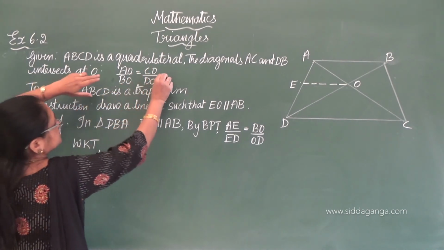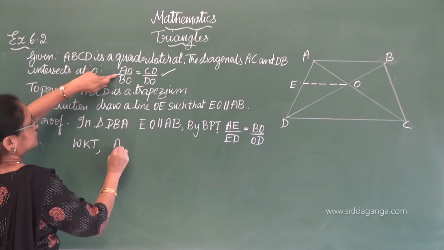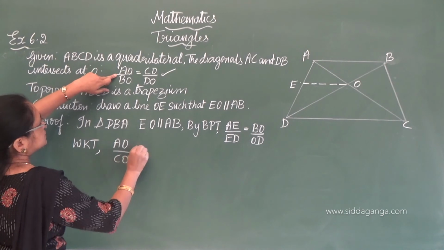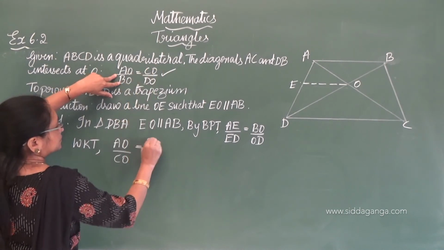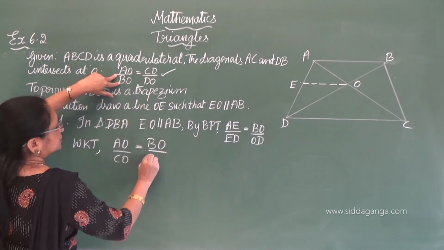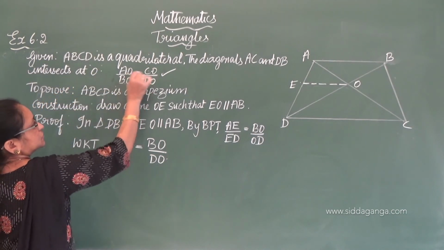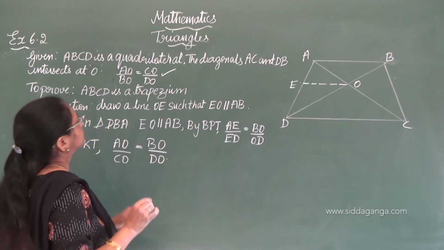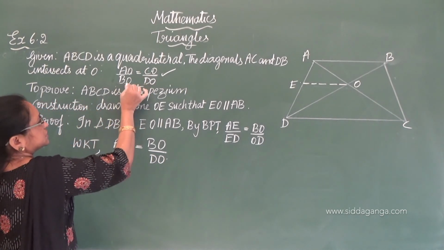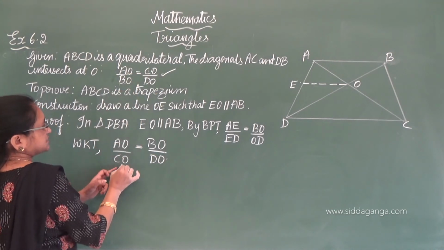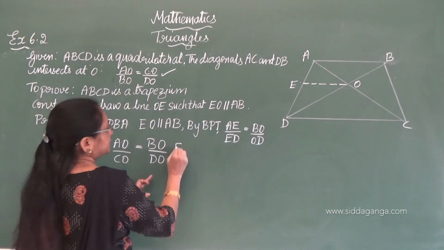So, from this, observe carefully what I will write: AO by CO is equal to BO by DO. See here what I did, I just cross multiplied this. Now I have interchanged the position, that is all. Here BO goes here, CO comes here. So AO by CO is equal to BO by DO. This is given.